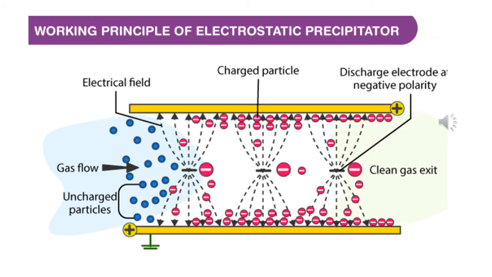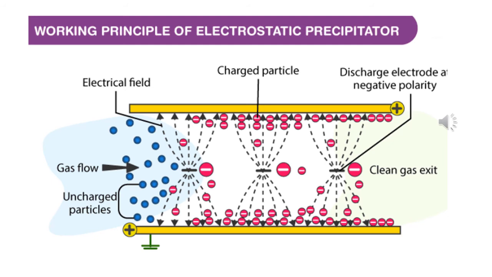It consists of two sets of electrodes, positive and negative. The negative electrodes are in the form of wire mesh and the positive electrodes are in the form of plates. These electrodes are vertically placed and alternate with each other.